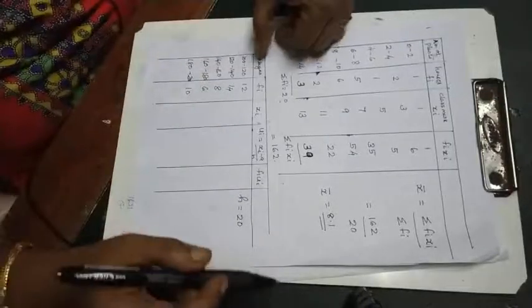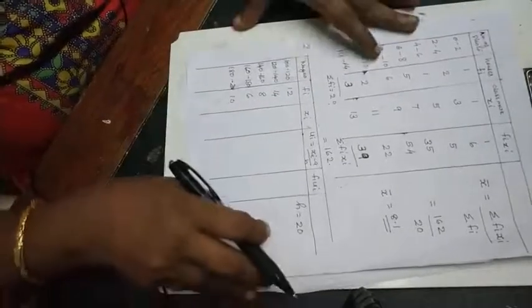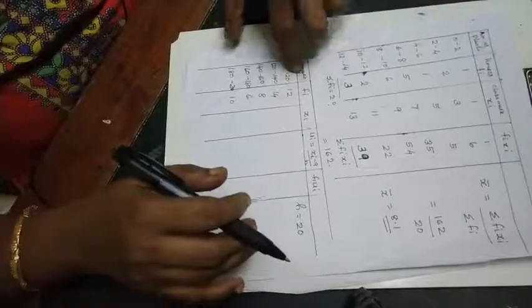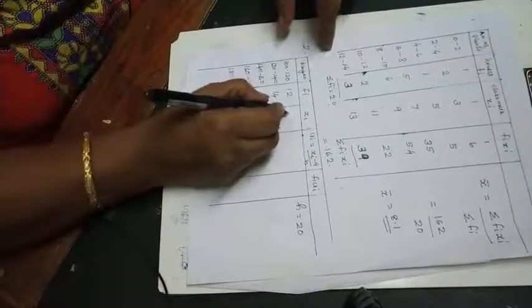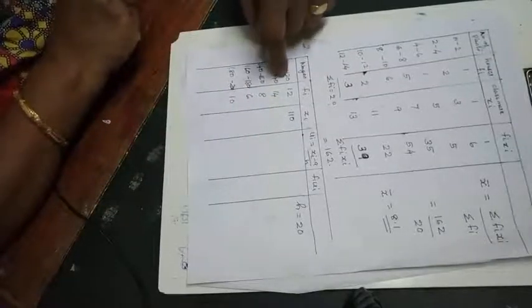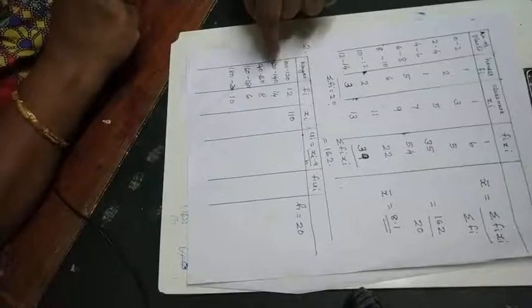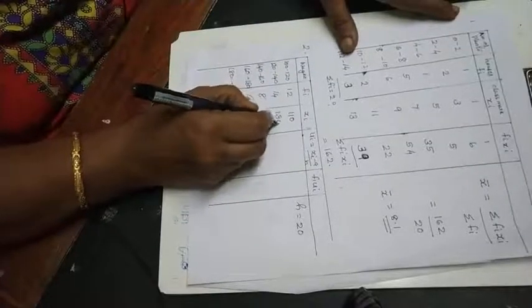Xi, how will you mark? 100 plus 120 divided by 2. 100 plus 120 means 220. 220 divided by 2, that is 110. 120 plus 140 divided by 2, that is 260 divided by 2, 130.